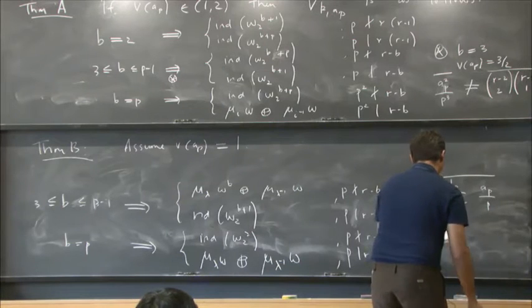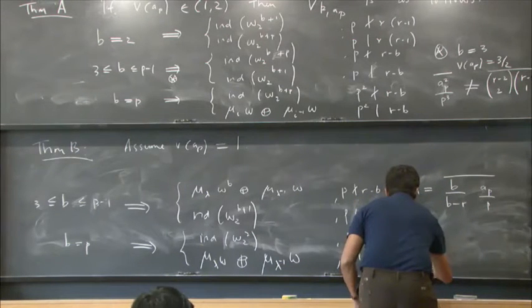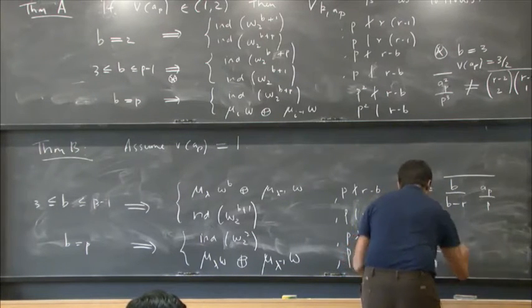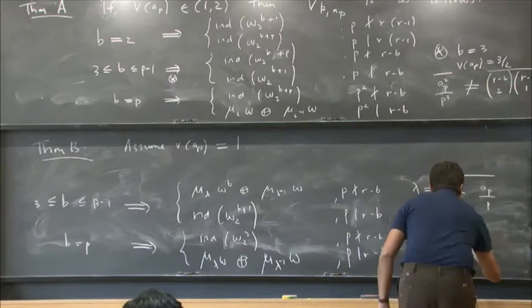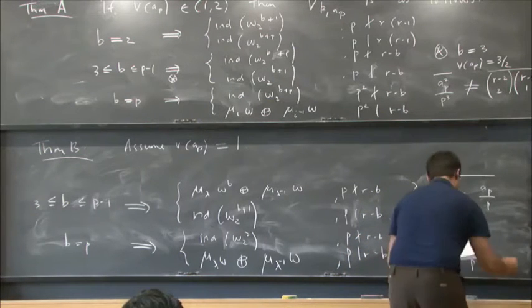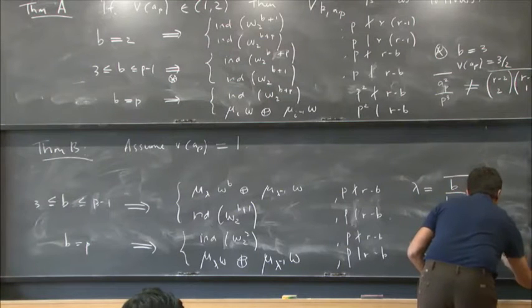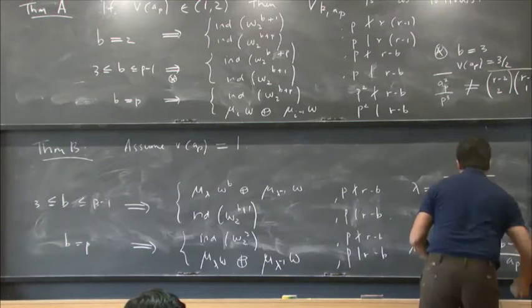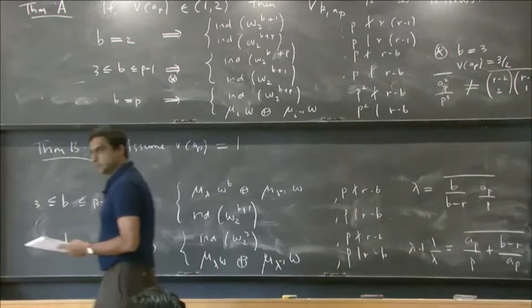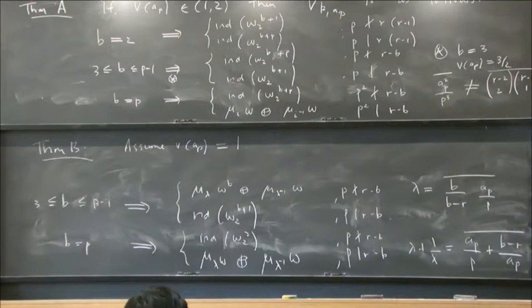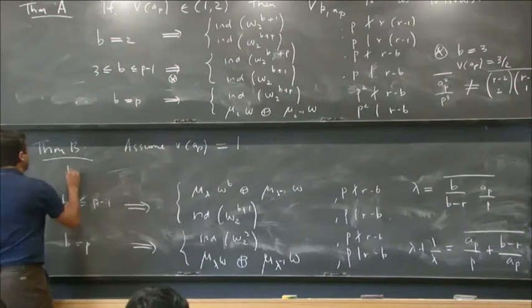And this time, lambda is given by this formula. Okay, so far so good. And finally, this b equals 2 case.